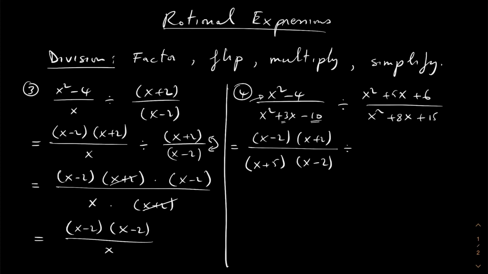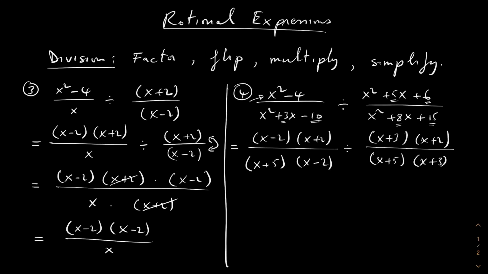Next, still a quadratic, so we're looking for two numbers that are adding to 5 and multiplying to 6. That will be 3 and 2. And so we're going to have x plus 3 and x plus 2. And next, we're looking for two numbers that are adding to 8 and multiplying to 15. And that's going to be 5 and 3.